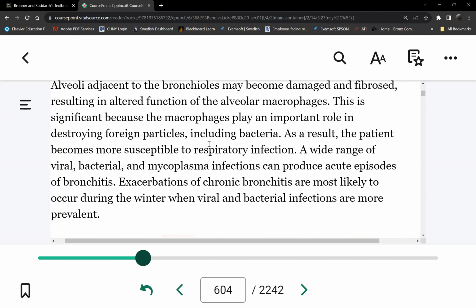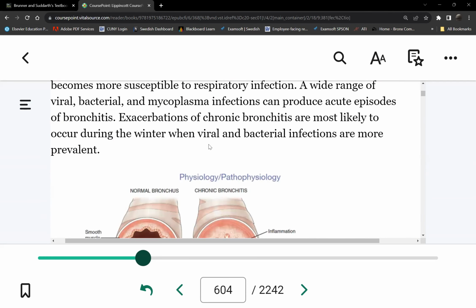But the answer is high calorie, high protein. Okay, high calorie, high protein diet. Of course, we also encourage nutritional supplements, Ensure or Glucerna if they're diabetic.